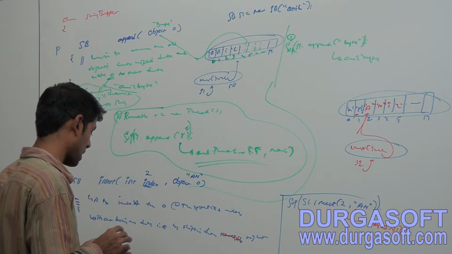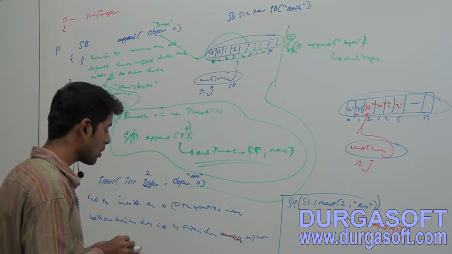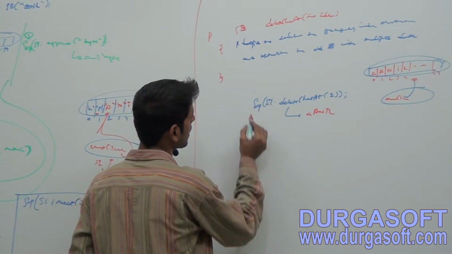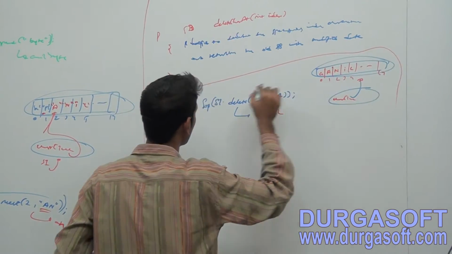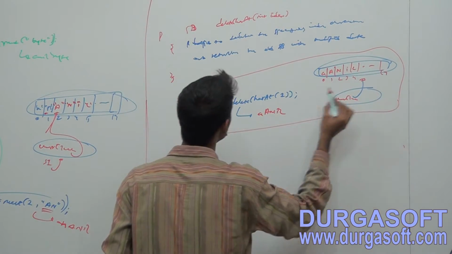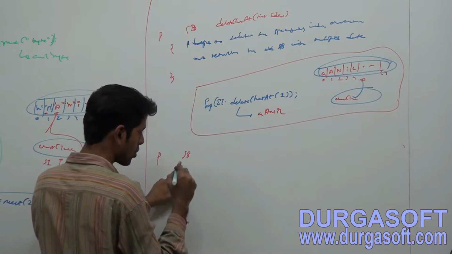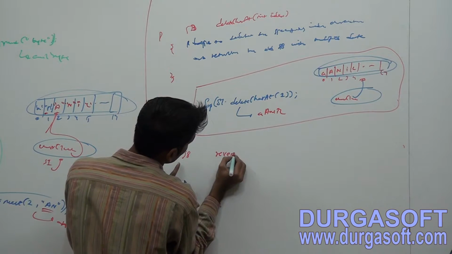Now observe here, we are having one more method. What is that? The reverse method. Public, its return type is StringBuffer, reverse.